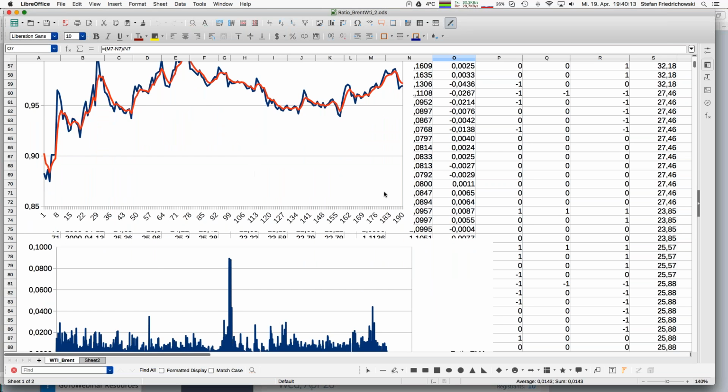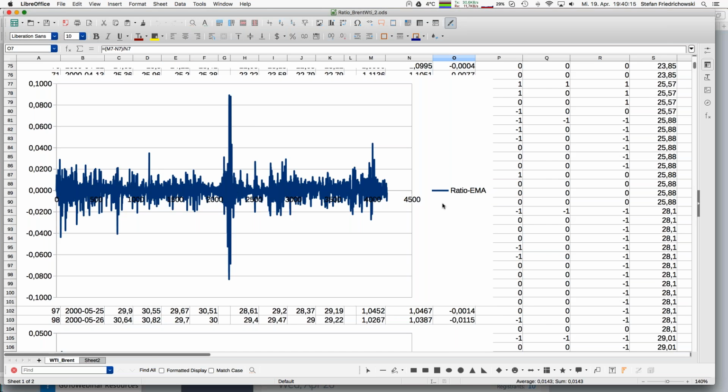And first, here's a chart for the complete 16 years. And now it really looks like noise. And funny thing is that in the middle, you can see the financial crisis of 2008. And the funny thing is, exactly that kind of noise is what we will trade.